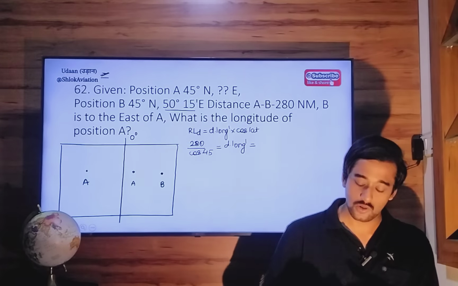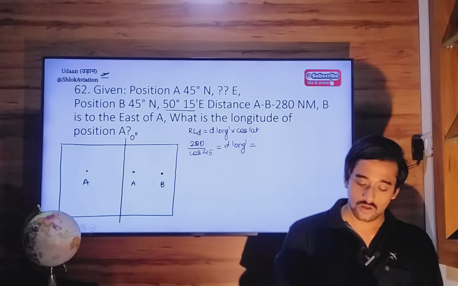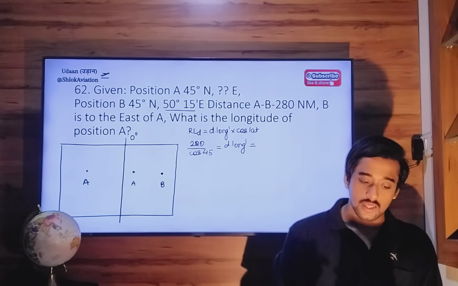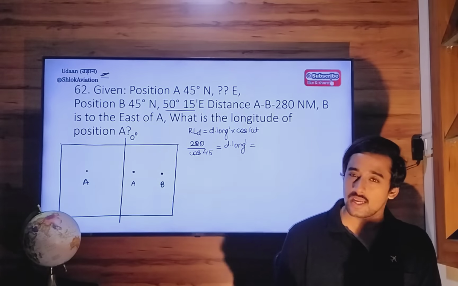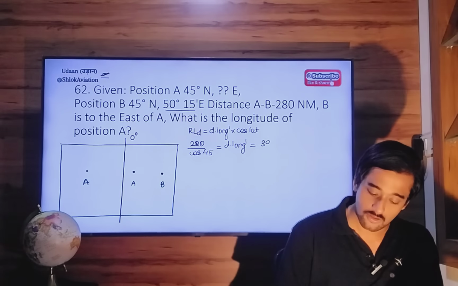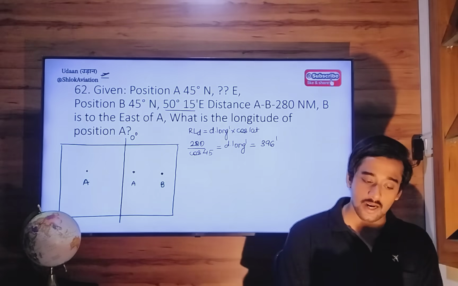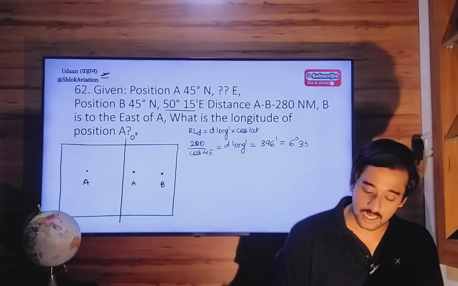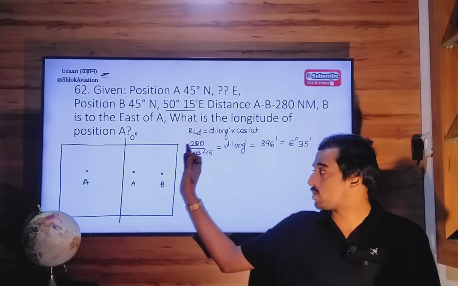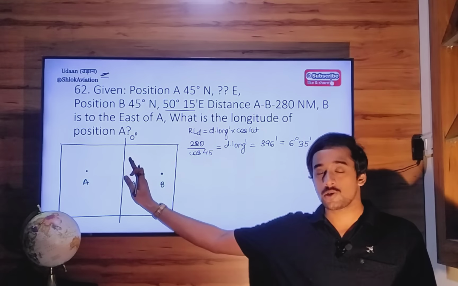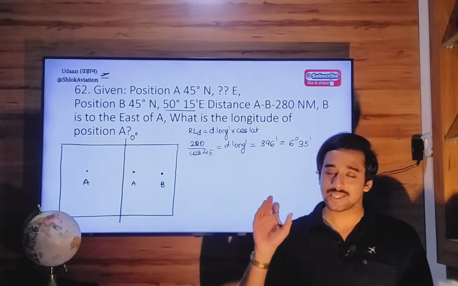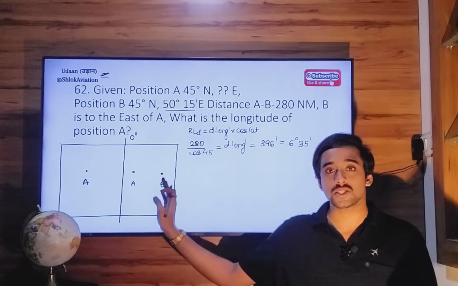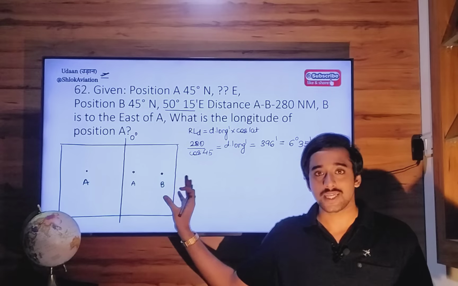That is 280 divided by cos 45, 395.9 or 396 minutes. 396 minutes divided by 60 is 6 degree 35 minutes. That means the D long, the difference between the longitude of Bravo and longitude of Alpha, is only 6 degree 35 minutes. That means position A will be in the same hemisphere as position Bravo, eastern hemisphere.